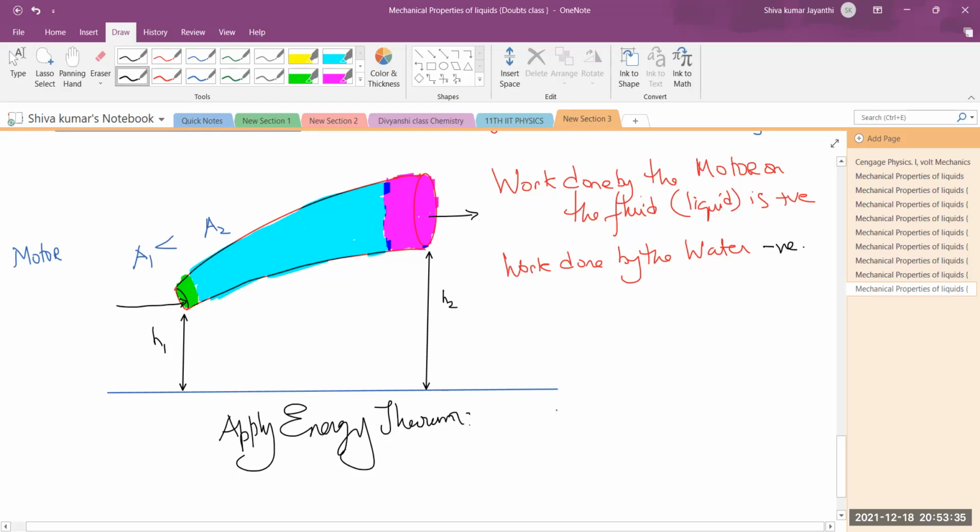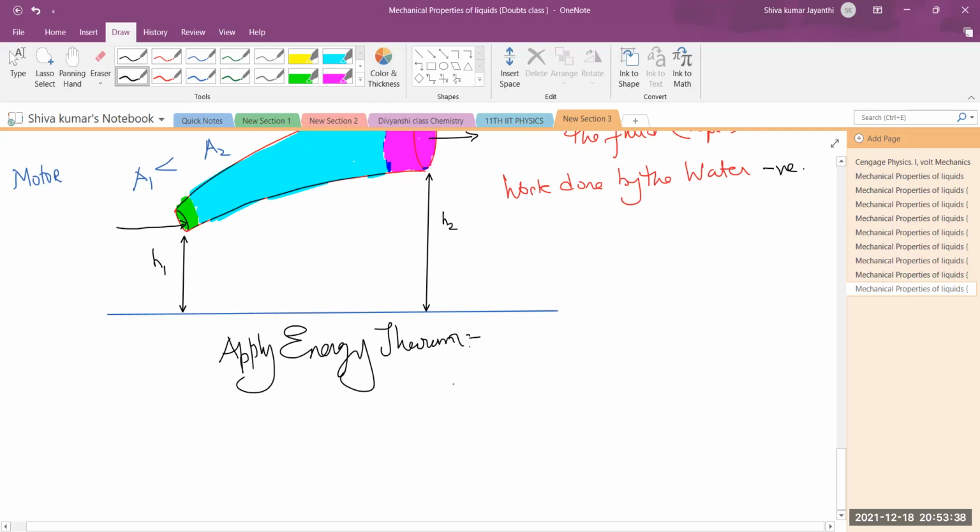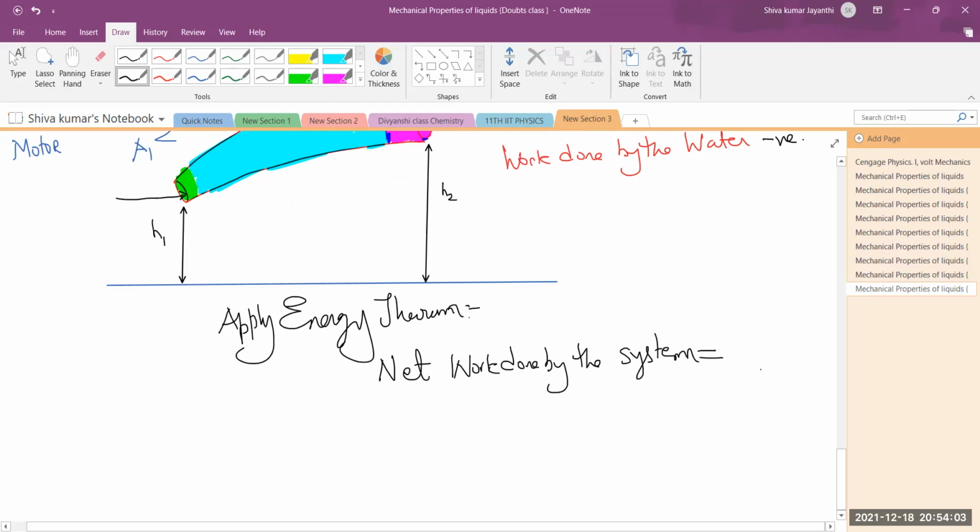The net work done by the system is equal to the change in potential energy plus the change in kinetic energy. This is the work energy theorem. Now you just have to apply that.